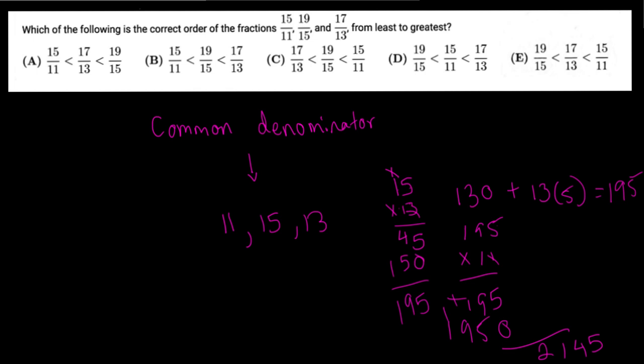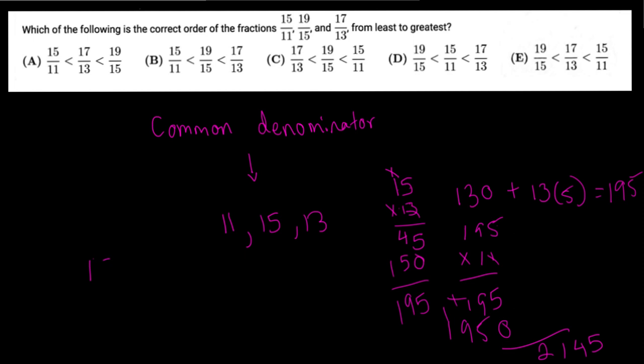Alright, so now that we have our common denominator, what we have to do is find out that we need to do each fraction in terms of that common denominator. And the way to do that is, let's go ahead and start with our first fraction.